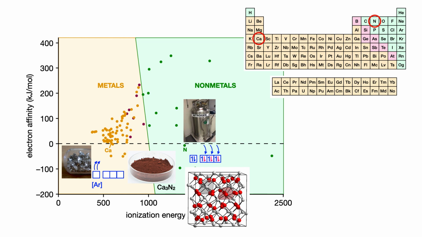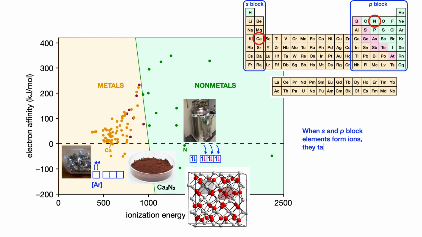And this is very typical, especially when you've got metals and nonmetals that are main group elements. That is, elements in the s block and in the p block of the periodic table. When these elements form ions, they tend to take on noble gas electron configurations. And as we saw before, noble gas electron configurations tend to be quite stable.